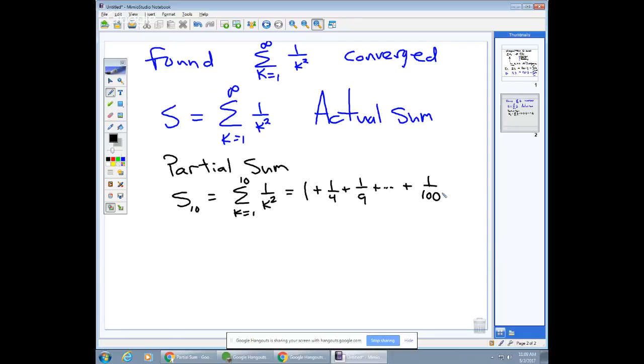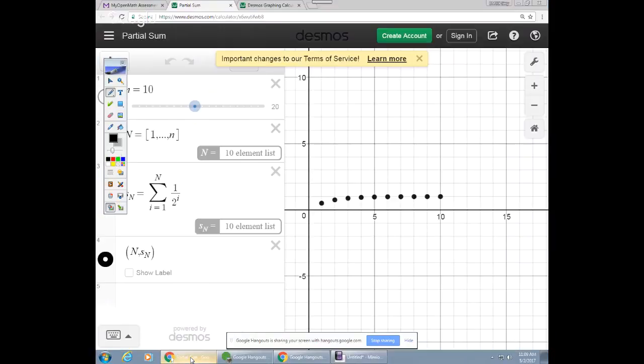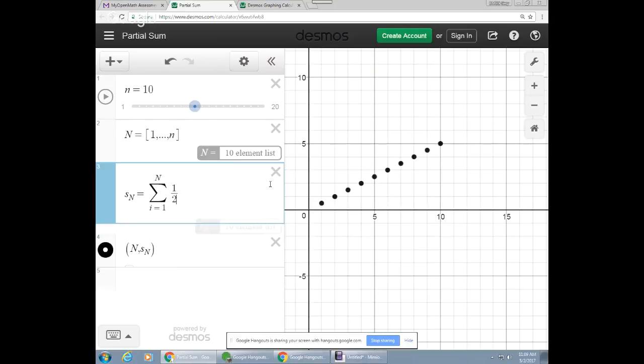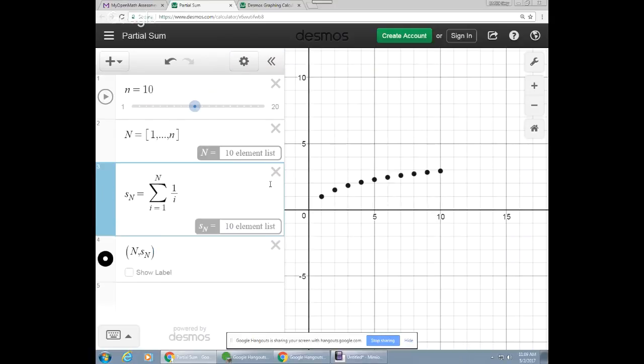And we can ask Desmos, which we've been using, to add those up for us. So I'm going to go do that. I'm just going to drop in here. I'm using an I here, so I raised to the second power. And I can click on that point, and it says it's about 1.55-ish.